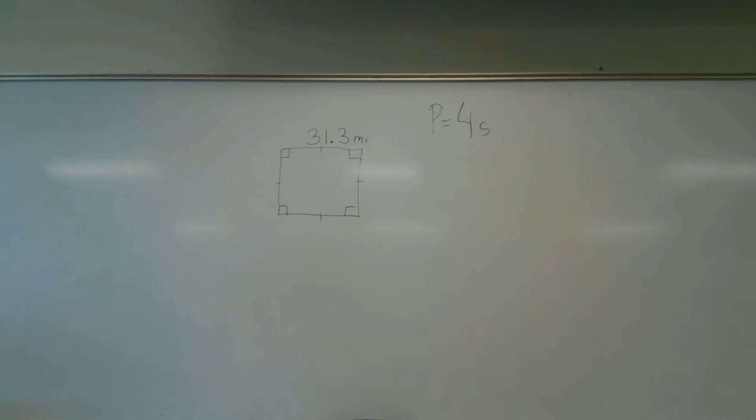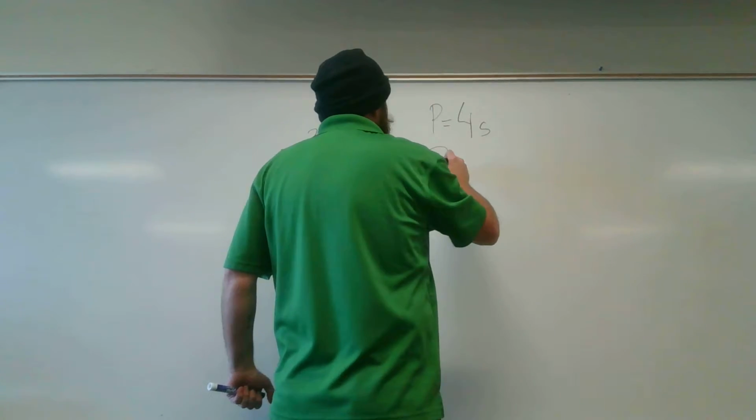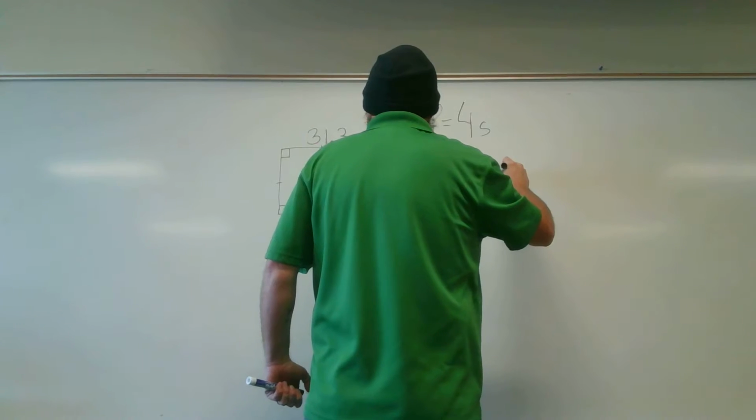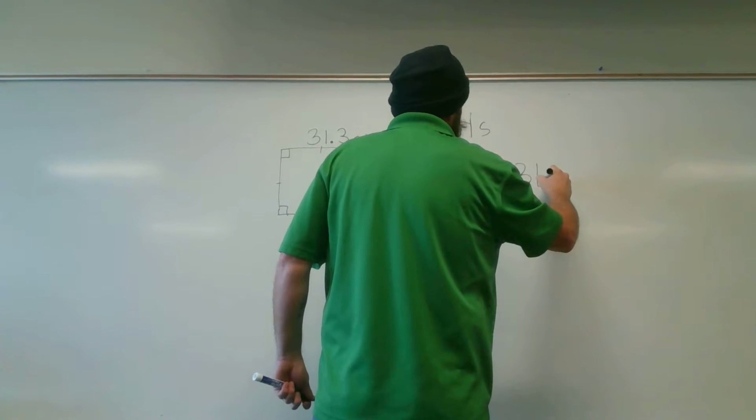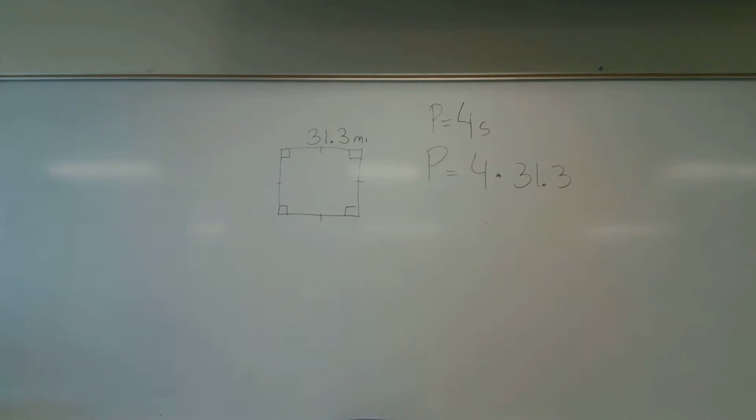So our next step in using the formula: perimeter equals 4 times 31 3/10. Yes, I'll call on somebody to tell me the answer in a moment.